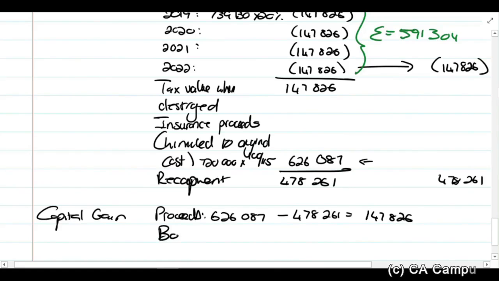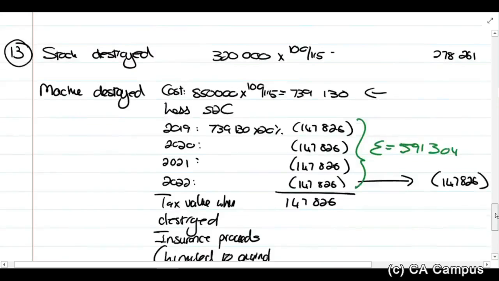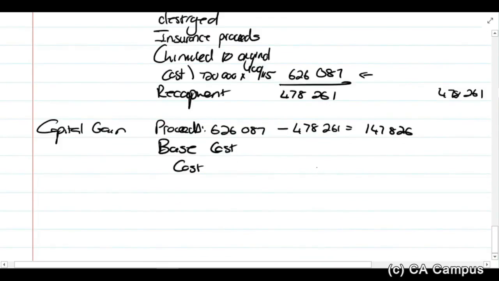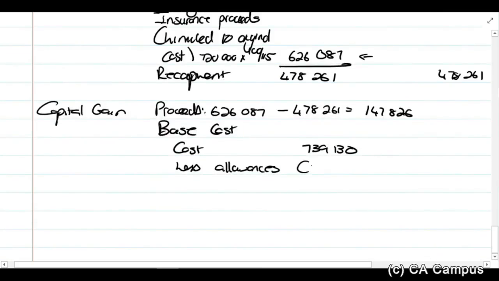147,826. The base cost is the cost of the asset, which is 739,130, less the allowances. The allowances total 591,304.